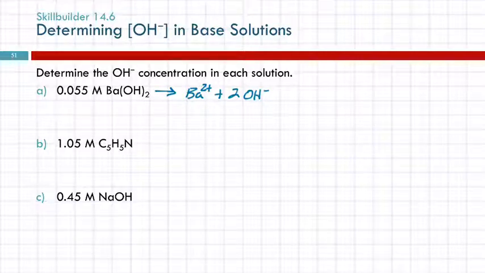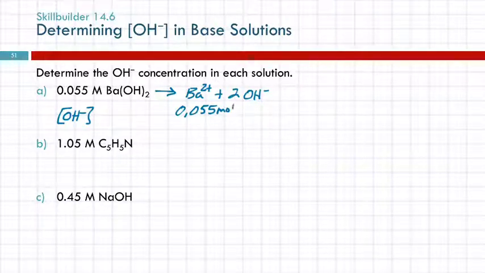So then in this solution that is 0.055 molar barium hydroxide, what's the hydroxide ion concentration? It's twice, right? And you could do this as a mole-mole stoichiometry problem. Here we know the concentration of barium hydroxide, 0.055 moles per liter.